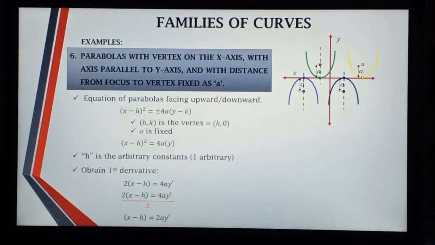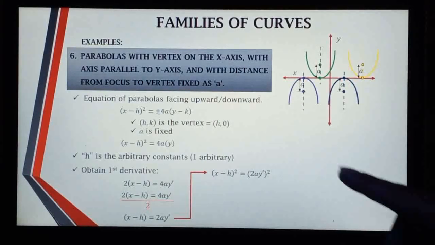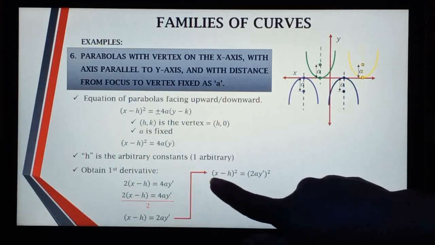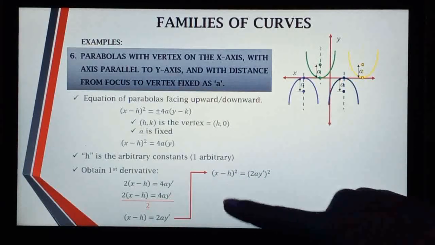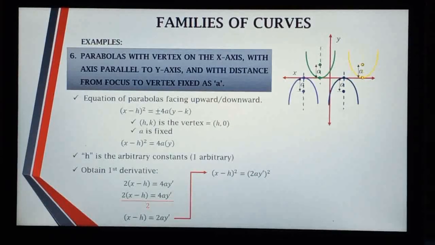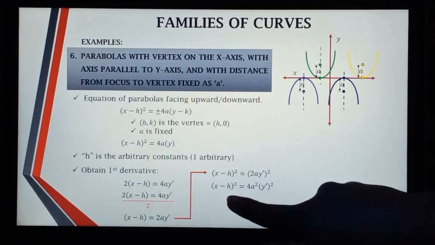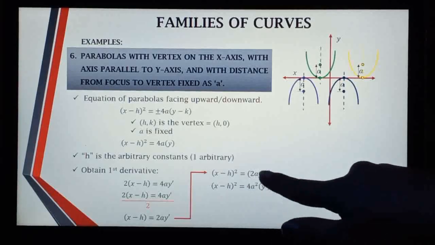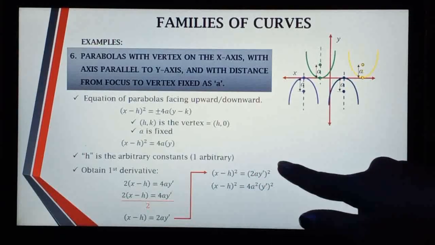Now, yung first derivative equation, pwede natin siyang i-square both sides. In that case, we will now have an equation of x minus h squared, then the quantity of 2ay prime squared. So simplify first. We will now have the quantity of x minus h squared. Then 2 squared is 4. A squared is a squared.